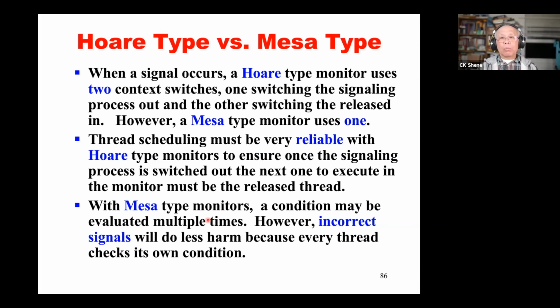So the user must write his or her program very carefully so that the number of checks could be reduced. However, an incorrect signal will do less harm because every thread checks its own condition. So it's always pros and cons.